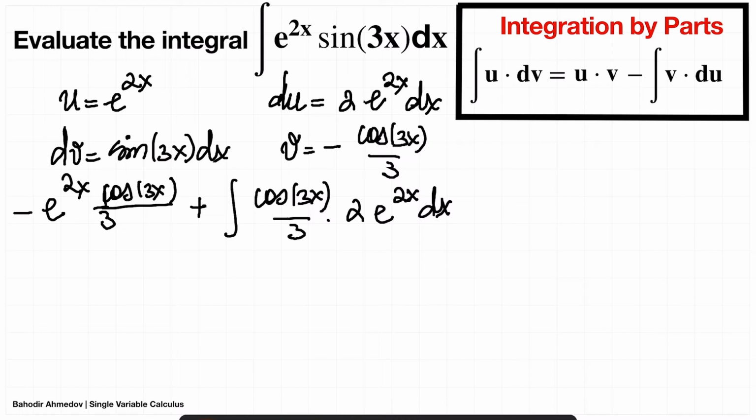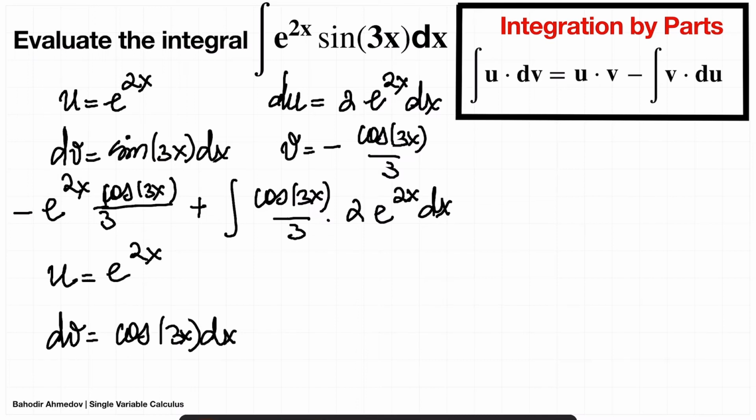Now let's integrate this second integration by parts again. So I'm just going to write down this 2 over 3 separately, and I'm just going to use e to the power of 2x as u. dv is going to be the rest of the thing, cosine of 3x dx.